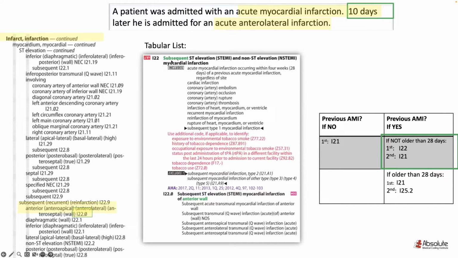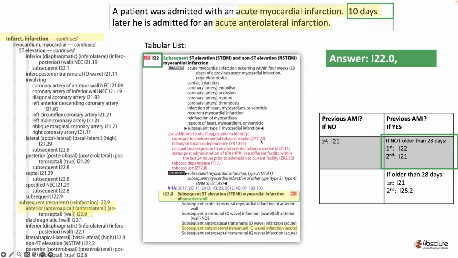Now let's go verify at the tabular list. I22 categories for subsequent STEMIs. And remember, the RFE, the reason the patient's admitted, is for that subsequent infarction. I22.0 is subsequent infarction of the anterior wall, specifically subsequent anterolateral wall, transmural Q wave infarction acute.